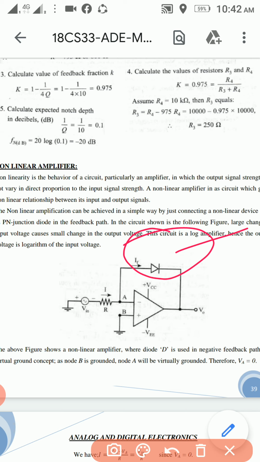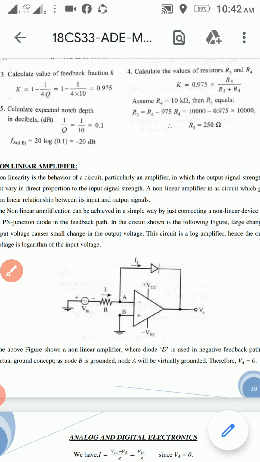So the advantage of adding this PN junction diode is just to achieve non-linearity. Again, we know that non-linearity means the output does not vary linearly with the input signal. That is the non-linearity concept. Okay, next.